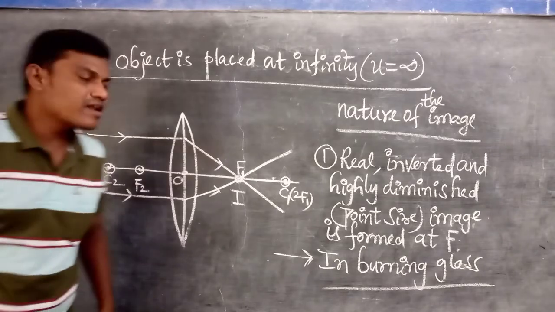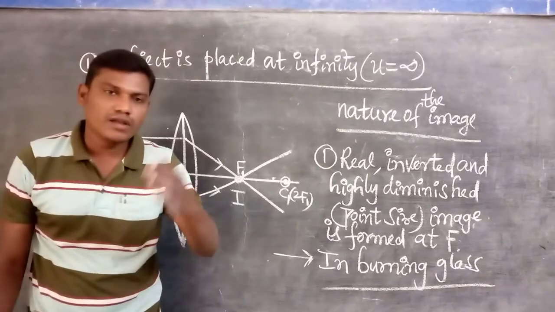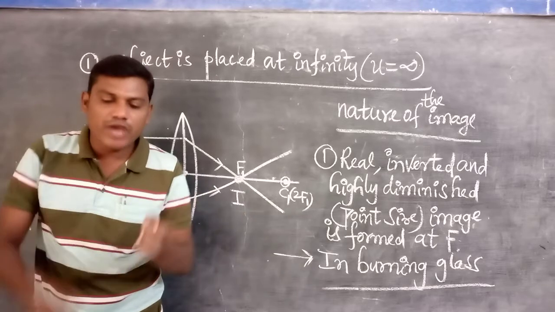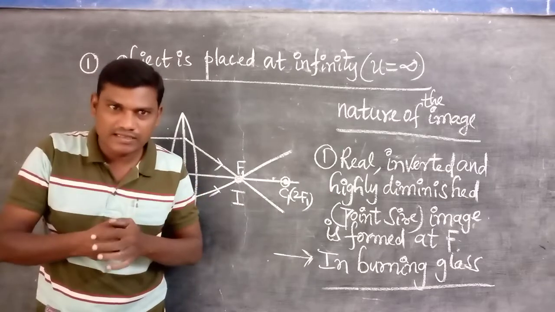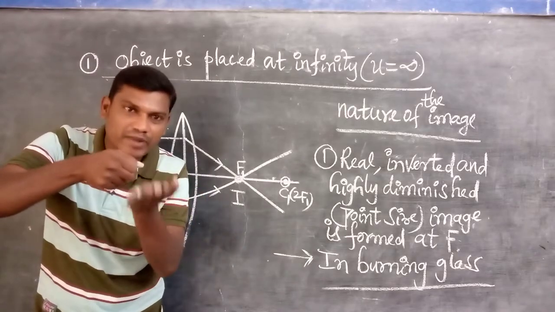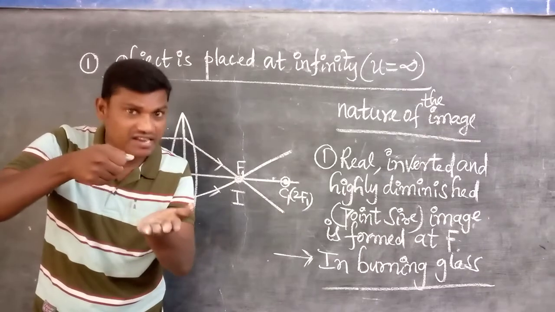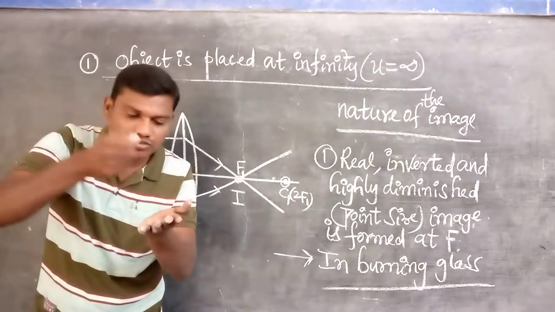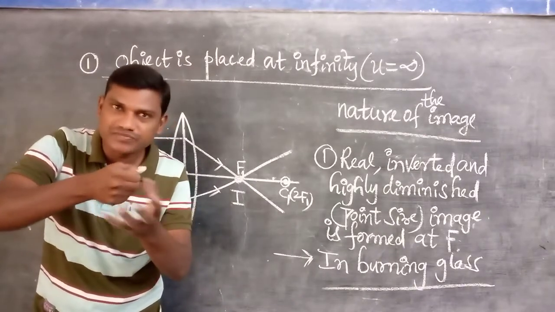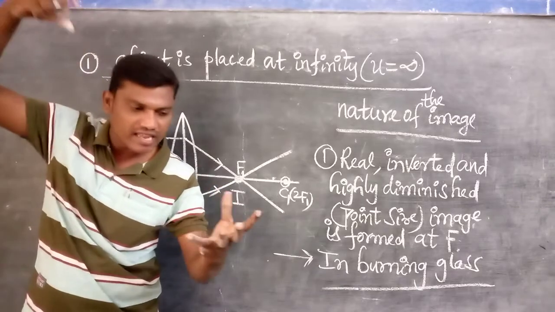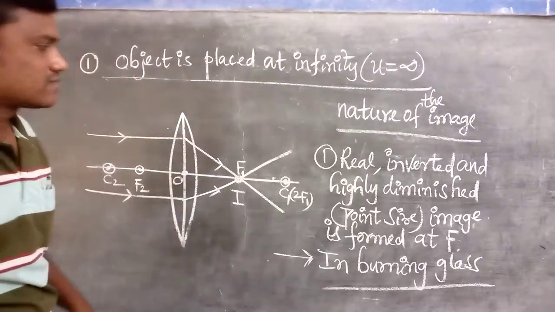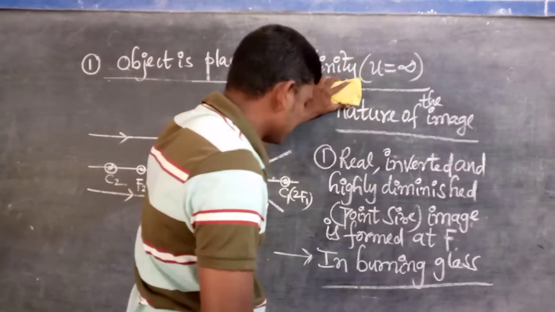Sometimes we use one type of burning glass. Under the glass we can place a paper or a dry leaf and it will be focused by the sunlight. You are observing that the rays coming from the sun fall onto that lens. Okay, so I will explain here.